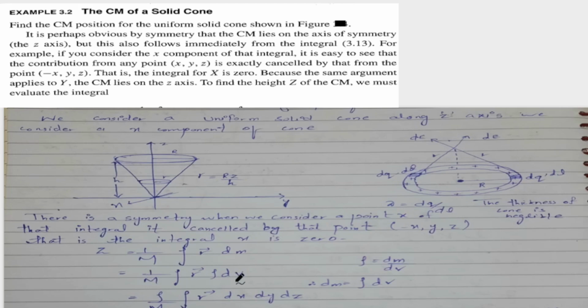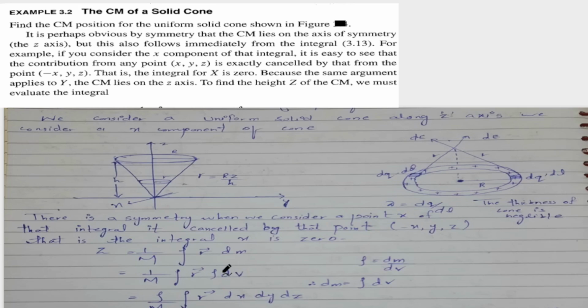When we talk about the density, mass per unit volume of this cone, you have to put the value of dm, which is equal to density times volume. After putting it, you can see this density is constant. It's obvious this should not be equal to 0.